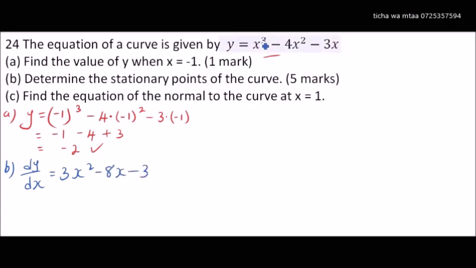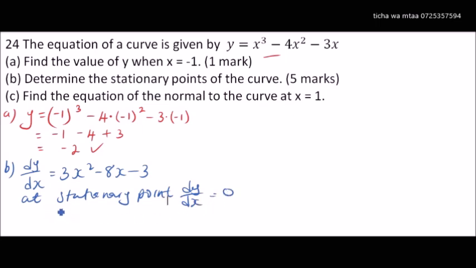When you are differentiating, multiply 3 times x, you subtract 1 from 3, then 2 times 4 is 8, we subtract 1 from 2, like that. So at the stationary point, dy over dx is equal to 0.